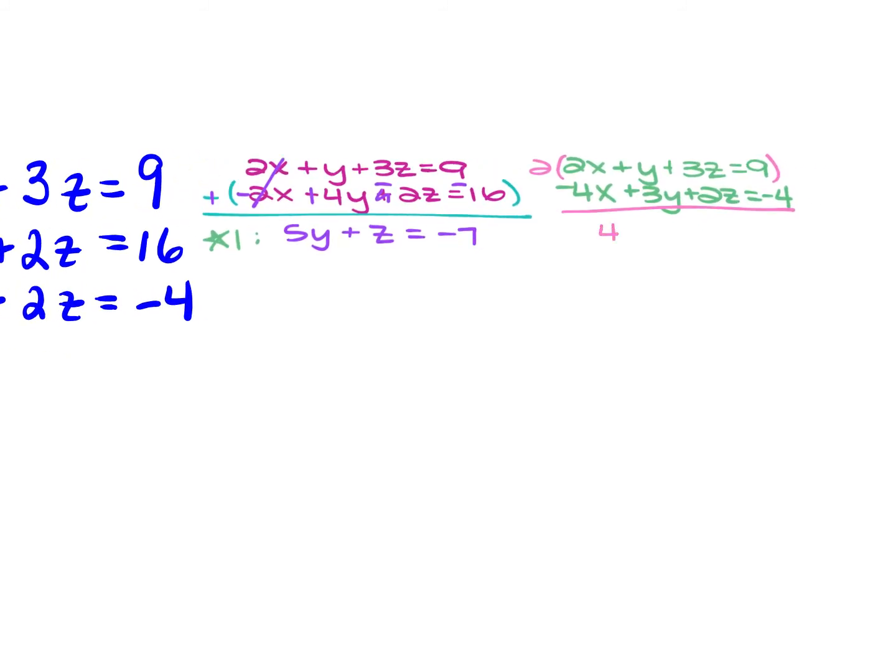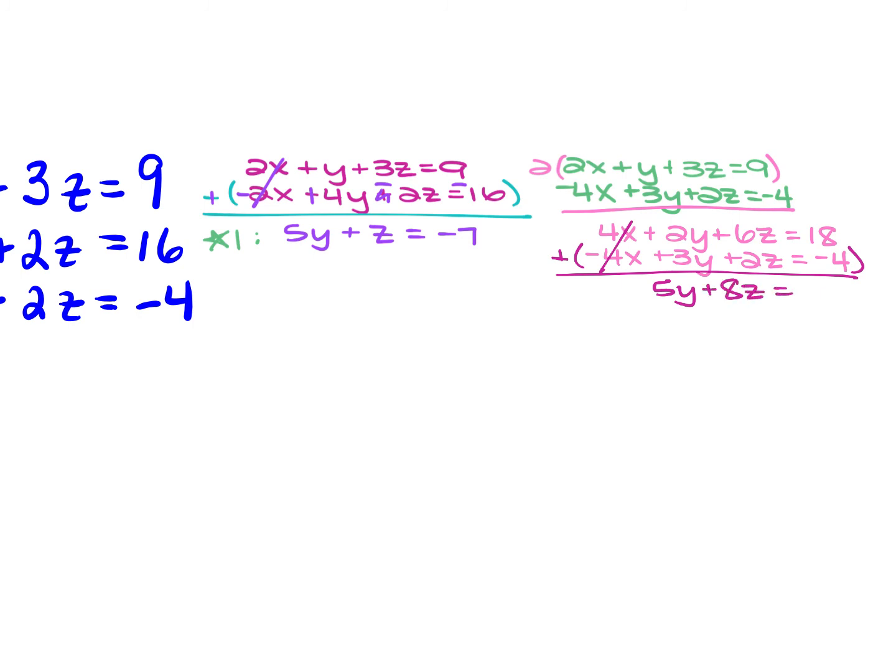So this is going to give us 4x plus 2y plus 6z is equal to 18, and negative 4x plus 3y plus 2z is equal to negative 4. Combine your like terms or add these. Your x's cancel, we're going to be left with 5y plus 8z is equal to 14. This is your new number 2.